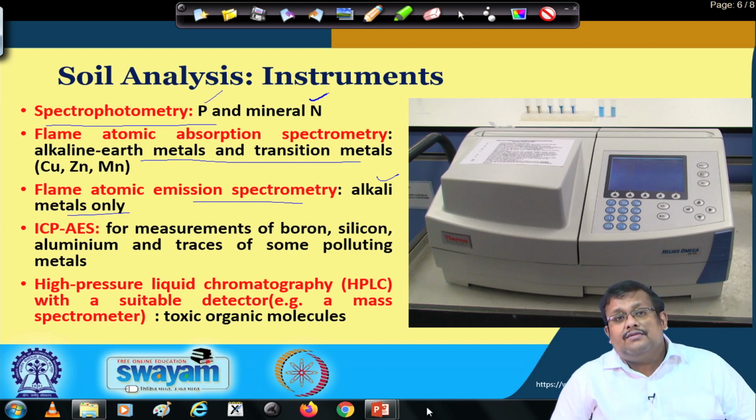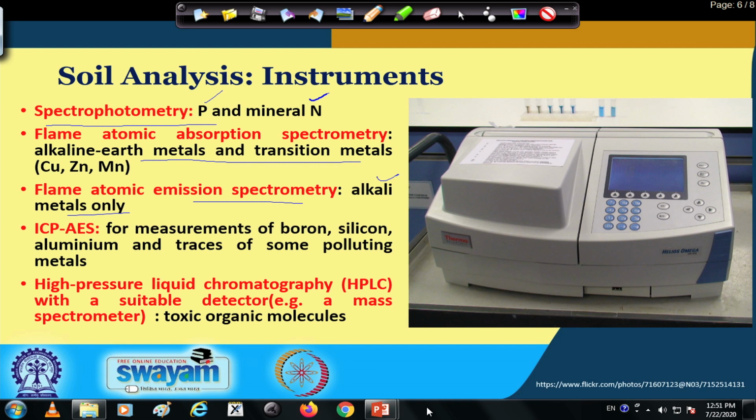ICP-AES, the full name of which is inductively coupled argon plasma atomic emission spectroscopy, is the technique which we use for measurement of boron, silicon, aluminum and traces of some pollutant minerals. And in case of toxic organic molecules, we generally go with high pressure liquid chromatography or HPLC with a suitable detector, for example, a mass spectrometer.